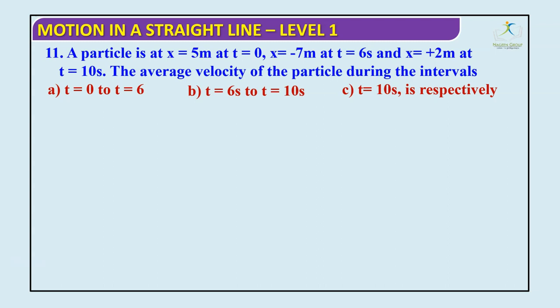The average velocity of the particle during the interval A, t is equal to 0 to t is equal to 6, B, t is equal to 6 second to t is equal to 10, and C, t is equal to 0 to t is equal to 10 second, respectively. Options are given.